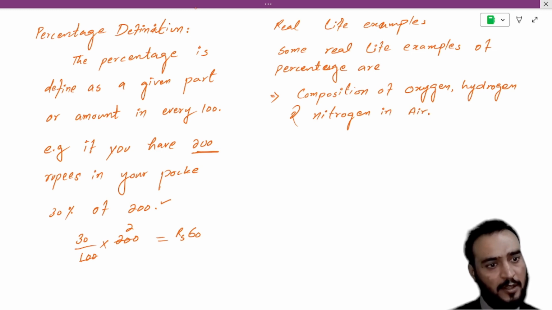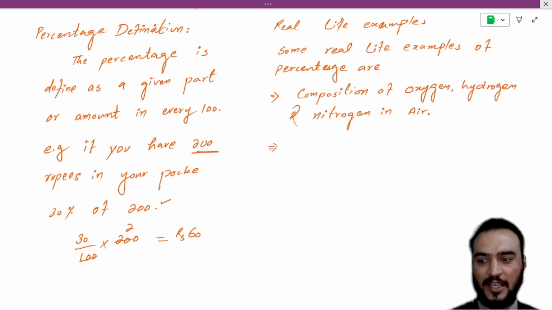You have studied in chemistry that the air we breathe is a composition of oxygen, hydrogen, and nitrogen, and what percent of oxygen, hydrogen, and nitrogen is there in the air. So this is a real life example of a percentage.